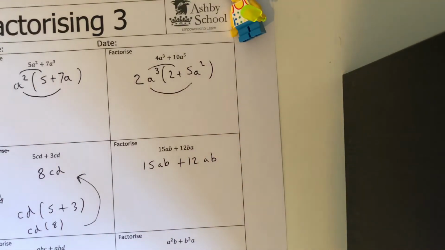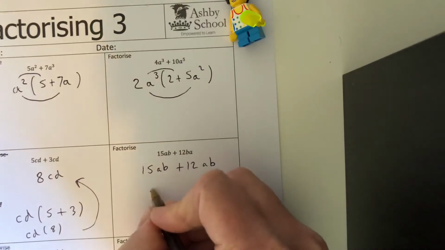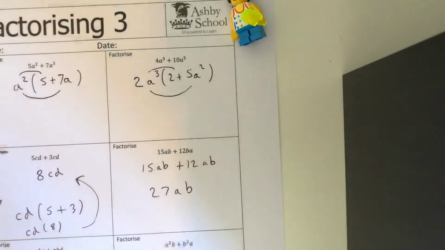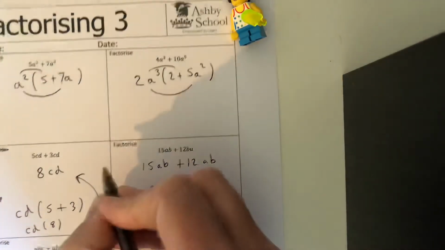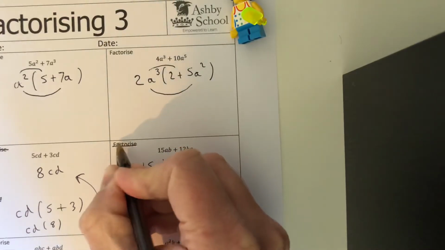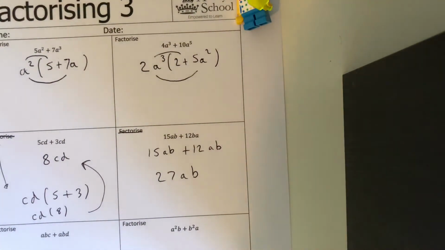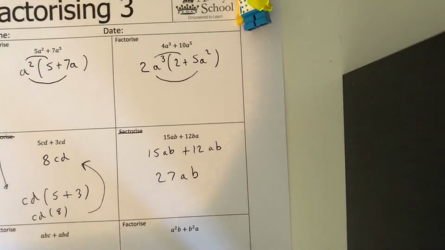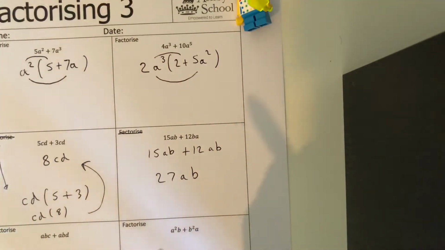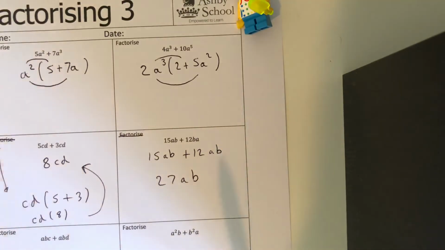We'll just simplify it. So 15 and 12 is 27, so we've got 27AB. And I know you're going to say, sir, you're being silly here by saying factorise and not. But I think it's important we just get in the habit of thinking factorise when you can't simplify, and if you can simplify, do simplify.